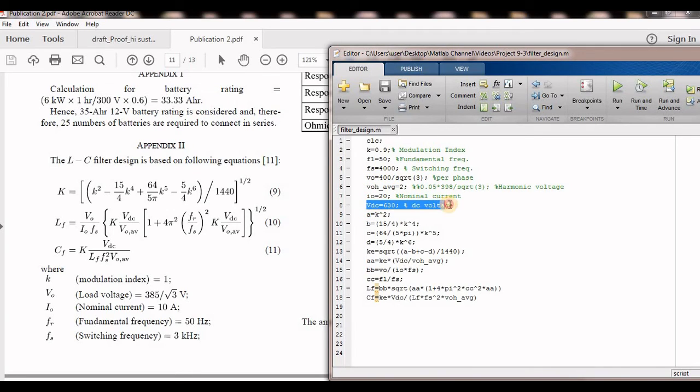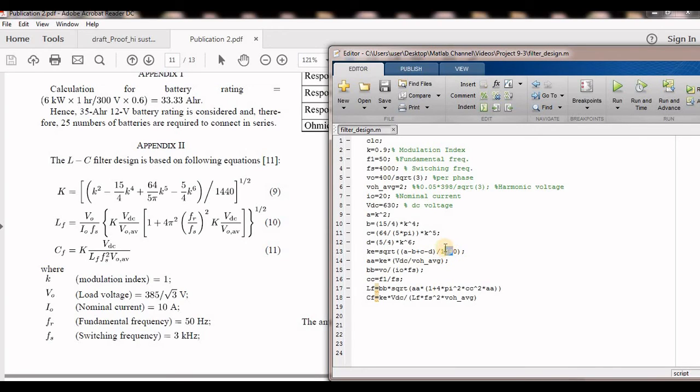And this is my VDC. My DC link voltage is 630, and here K squared I take as A, 15 by 4 K to the power 4 I consider as B, 64 by 5 pi K to the power 5 is my C, and 5 by 4 K to the power 6 I consider as D. Then here, this is the KE I calculated: A minus B plus C minus D, divided by 1440.